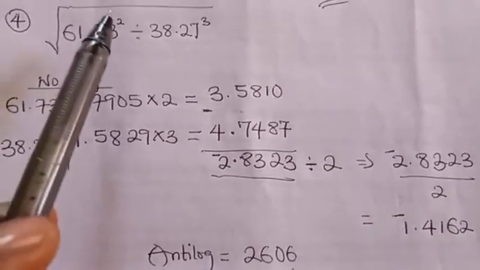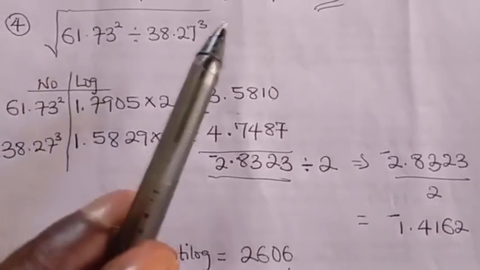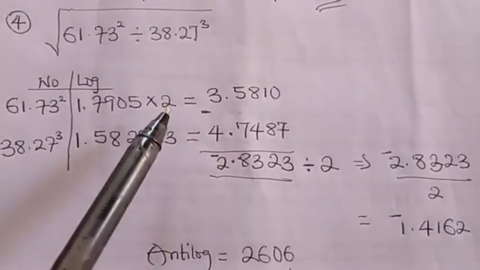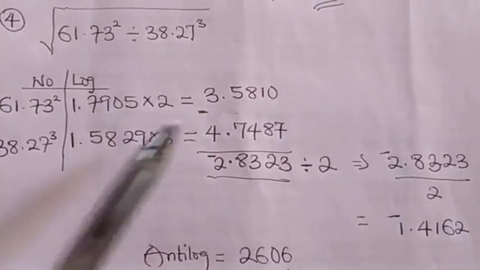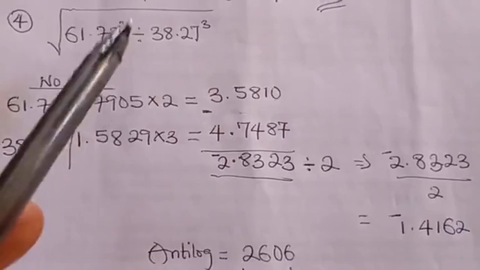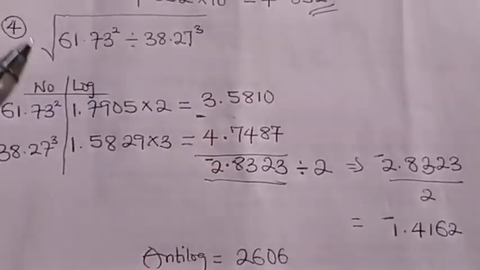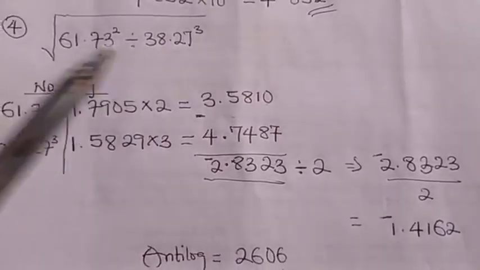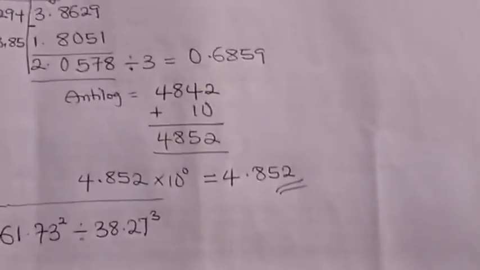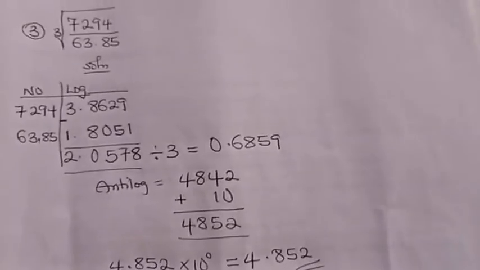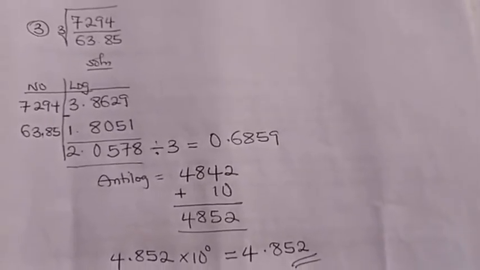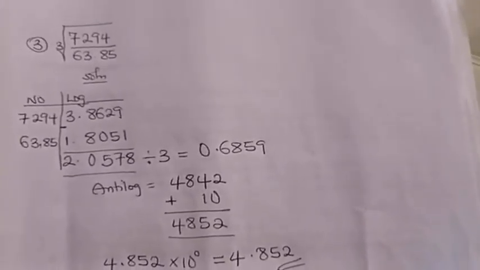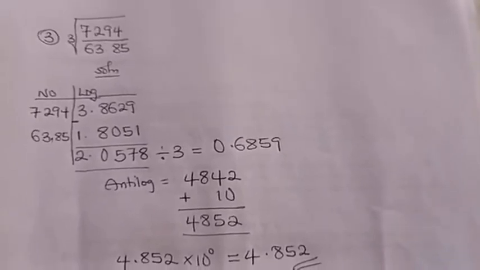Where you have powers like you did have power 2 and power 3 here, after finding the logarithm of the number, multiply the outcome by 2 and 3 respectively like we did have here. Anytime you have root associated with that number, you divide. For square root, you divide by 2. For cube root, like we did have in example 3 here, we divide by 3. So that's all about logarithm of numbers using log tables.